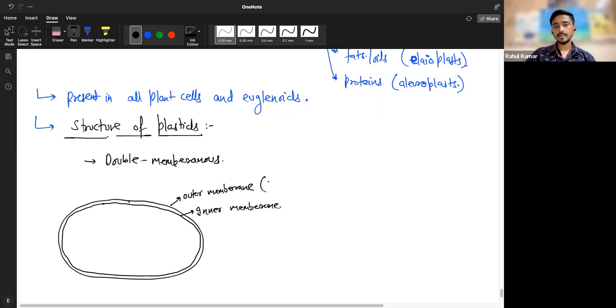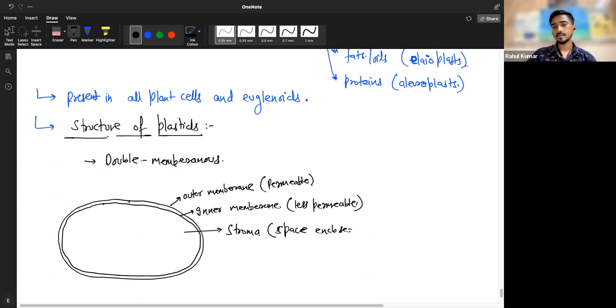The outer membrane is semi-permeable, but it is permeable to many things. It can allow many things to exchange, but the inner membrane is less permeable. It does not allow things to go inside or come out very easily, because of which the internal region, the space enclosed by the inner membrane, is called stroma. Write down. Let me first draw it. You just listen and understand, then I'll give you time to draw.